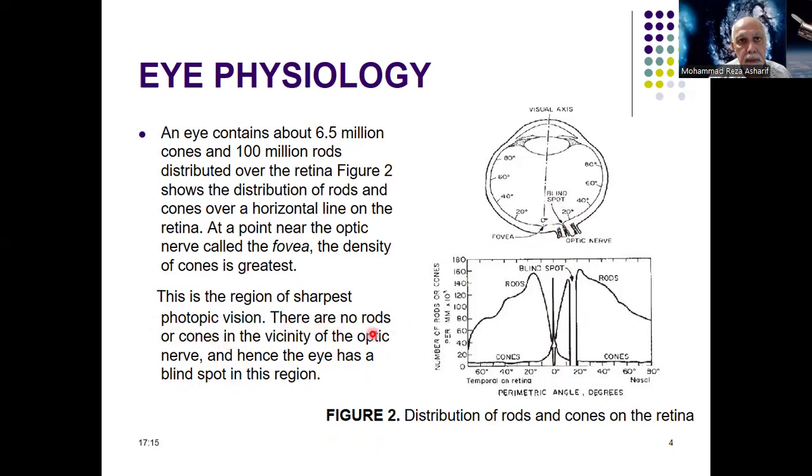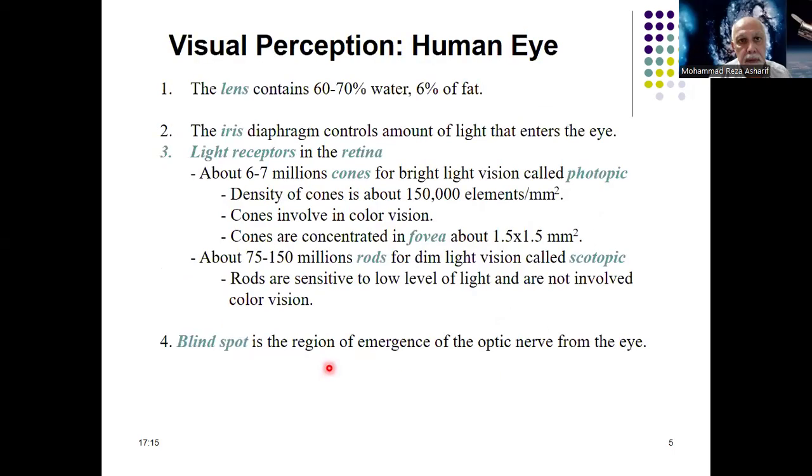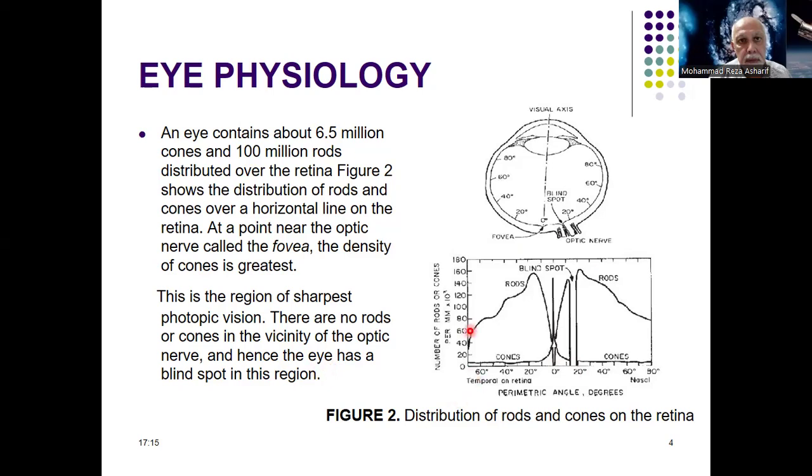So here is the distribution of the rods like this. This is the distribution of the cones.